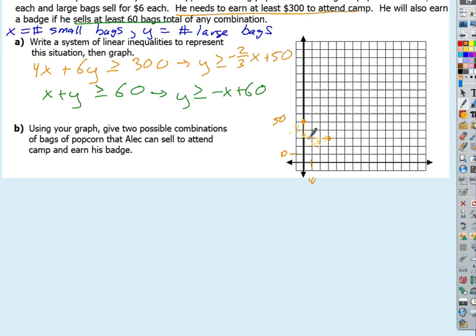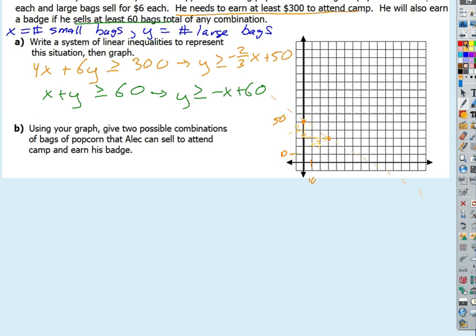Okay, so here's our boundary line. The boundary line mathematically is going to go forever, right? Do we want it to go forever? Not really, right? Because it doesn't make sense. If we're talking about the numbers of items that we're selling, you can't sell a negative number of things.